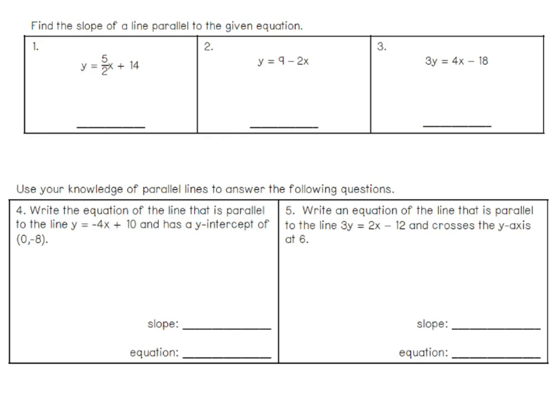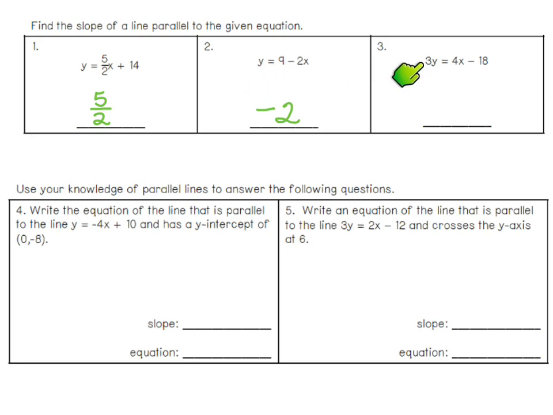Well, all we have to do is have a slope of 5 over 2, and we will have a line that's parallel to this given line. This line has a slope of, remember the slope is the coefficient of x, of -2. So any line with a slope of -2 will be parallel to this given line.